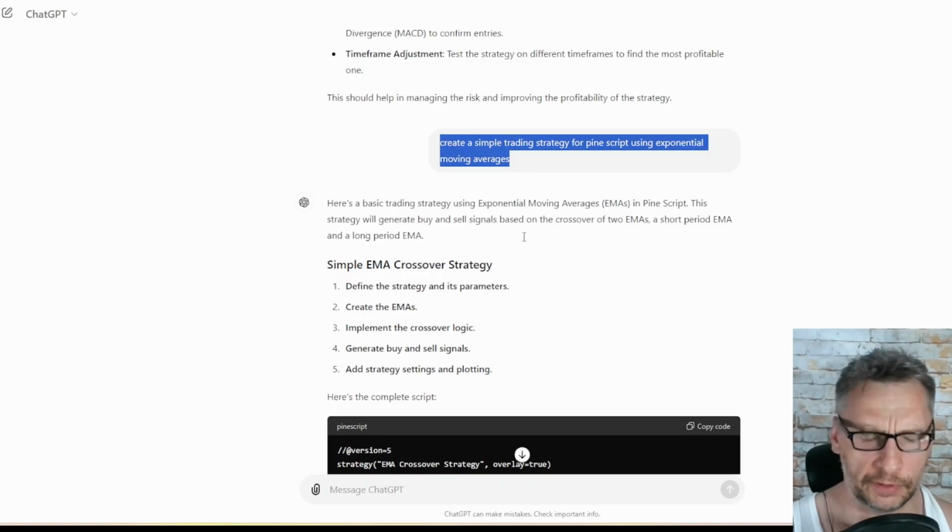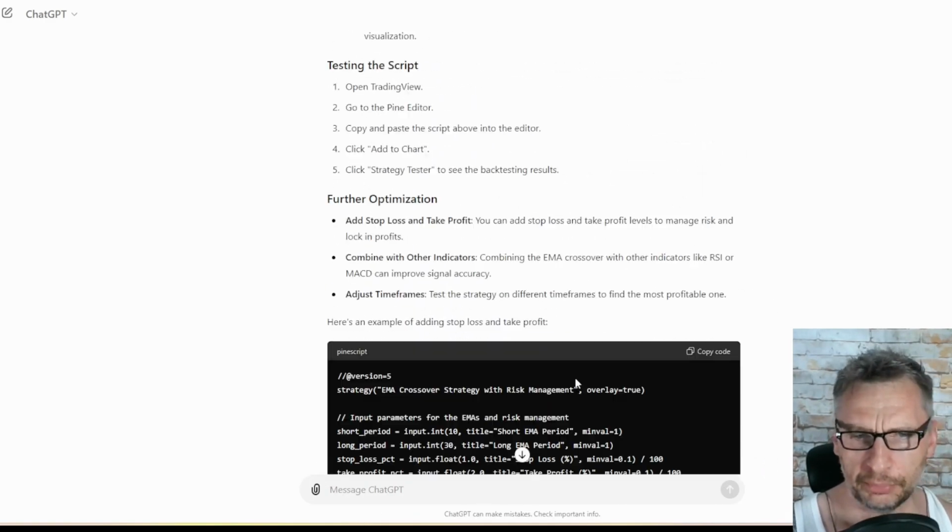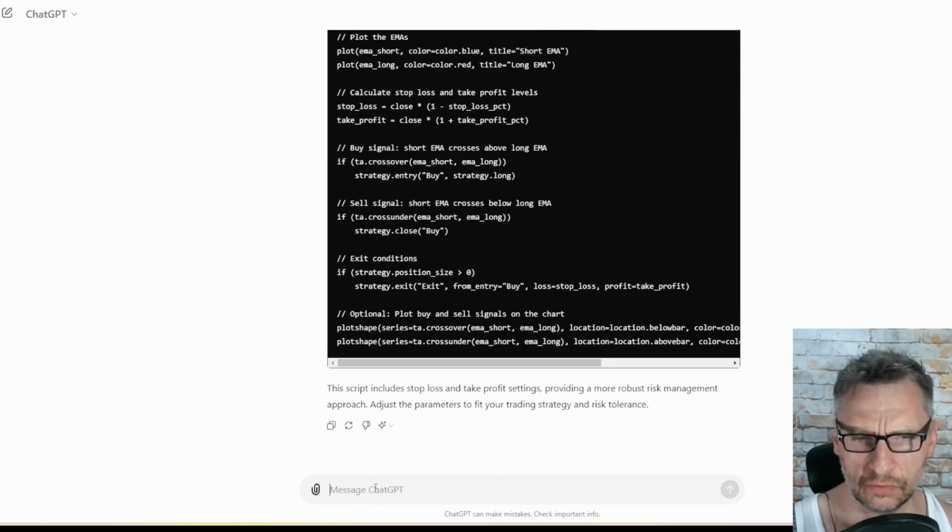I'll take the same prompt, copy and paste it. Create a simple trading strategy for Pine script using exponential moving averages and MACD.